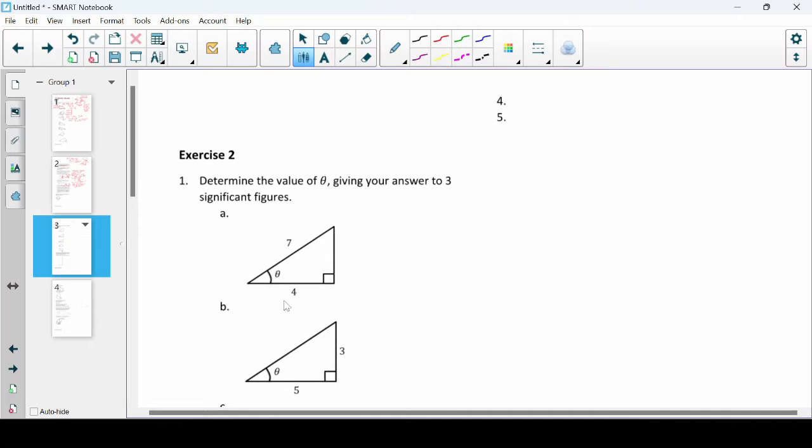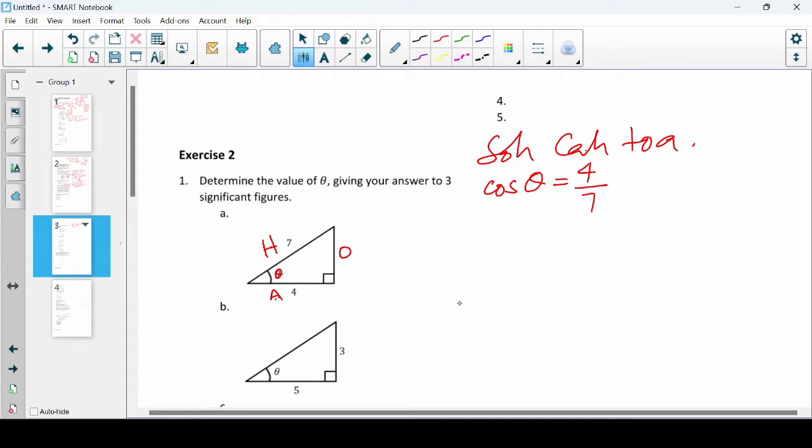So how can we find the angle? It remains the same. With respect to this angle theta, we have to name the sides. This is opposite, the longer side is the hypotenuse, and this side is adjacent. So we have been given hypotenuse and adjacent. So quickly, SOHCAHTOA. We have to use H and A. So cos theta is equal to adjacent, which is given as 4 here, divided by H, which is 7.